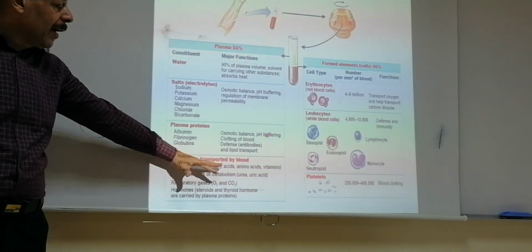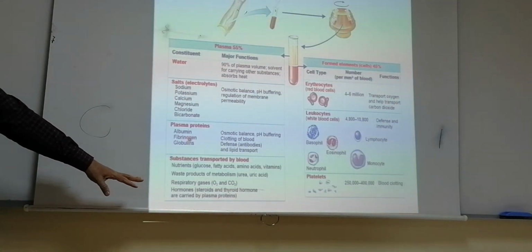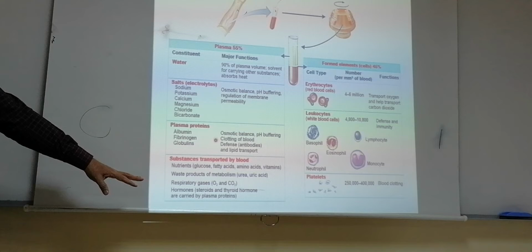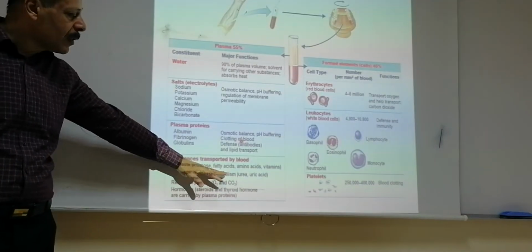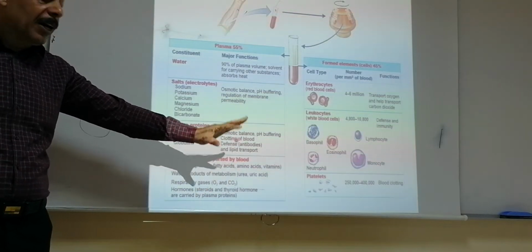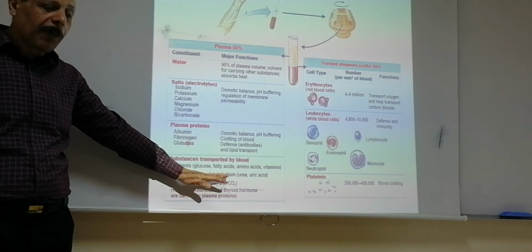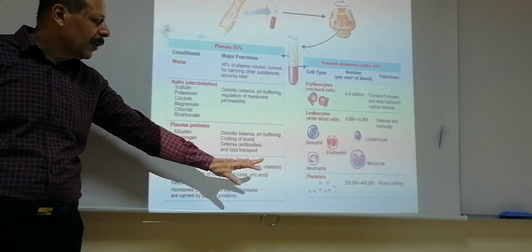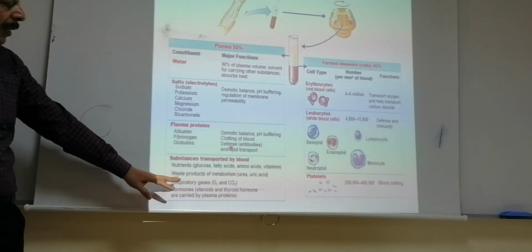Substance transport by the blood. As we mentioned in the beginning of the lecture, all the substances are transported by the blood. Nutrients from glucose, fatty acid, amino acid, vitamin, waste products of the metabolism, like urea, uric acid, all of them are transported by the blood.